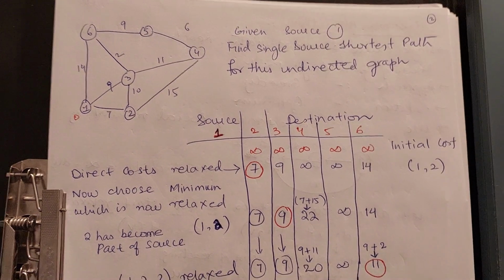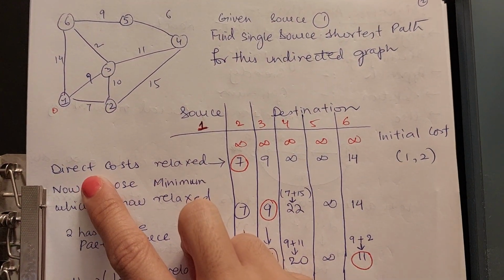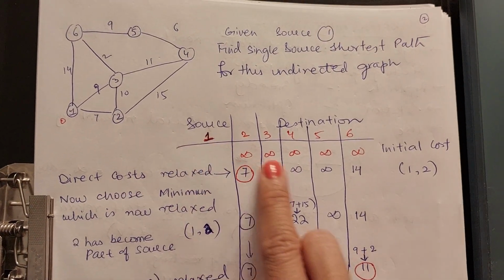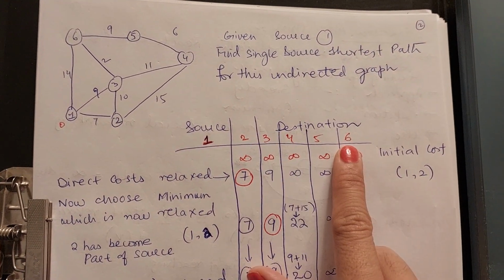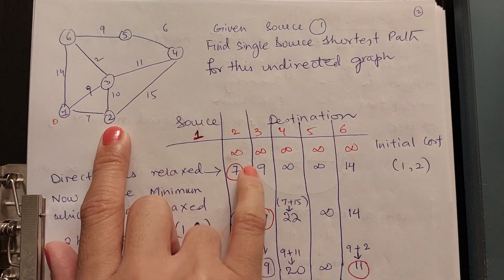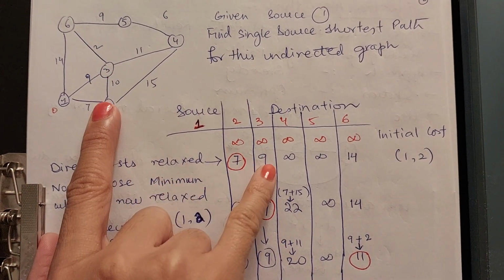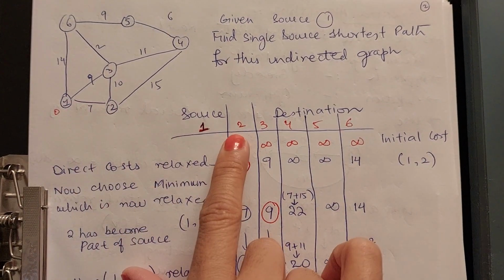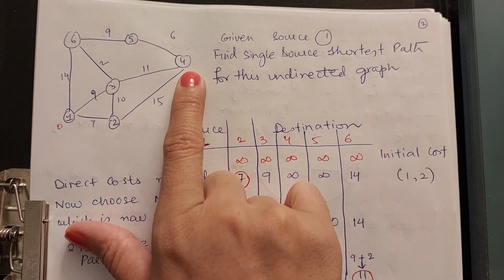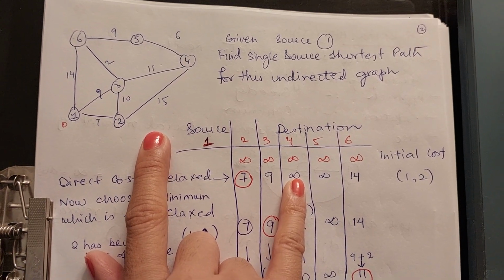So how do I proceed? First of all, I'm going to say that the direct cost to reach from node 1 to these remaining 5 nodes is: for 1 to 2 the cost is 7, for 1 to 3 the cost is 9, for 1 to 4, is 1 connected directly with 4? No. So I do not know the direct cost.